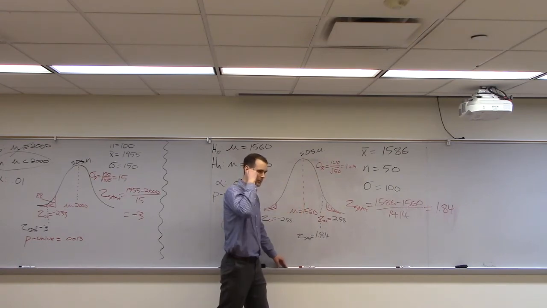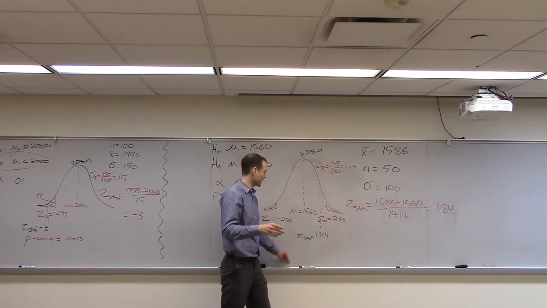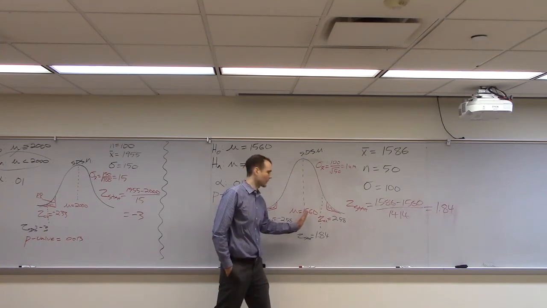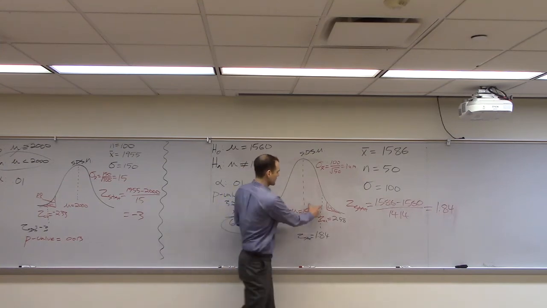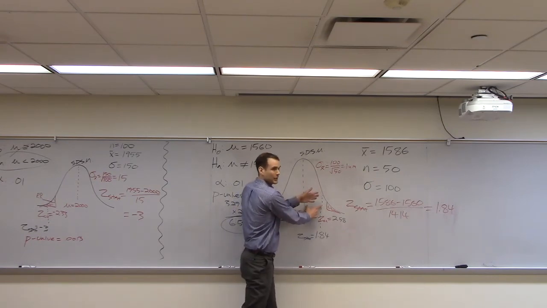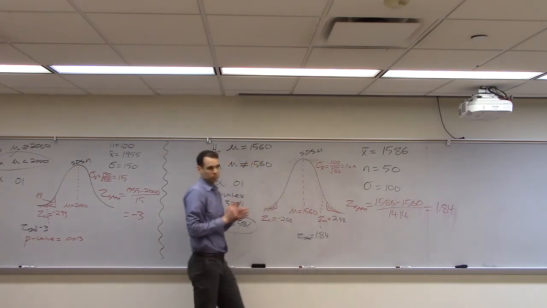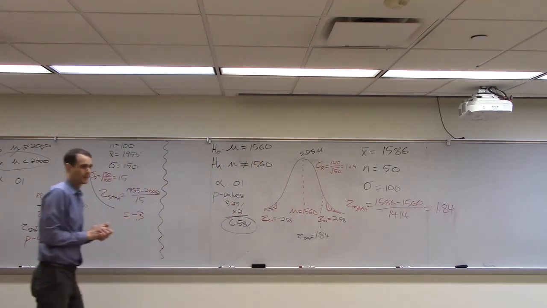You could just remember in your head, two-tailed test, double. And I think the rationale is, what are the chances that it's that far away? I'm not saying that it's positive or negative, so I need to account for the fact that it could have been negative as well. There it is. That's why it's double.